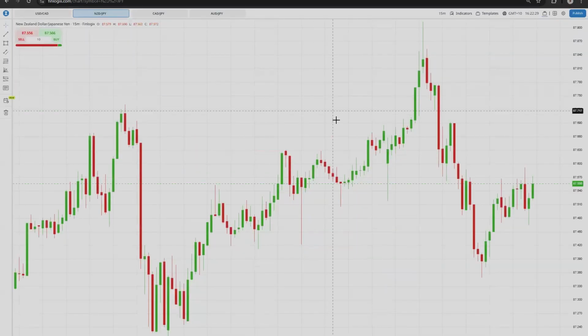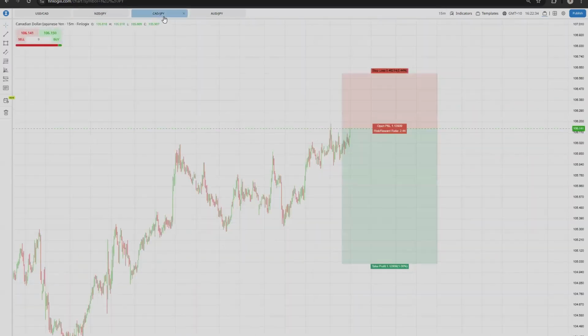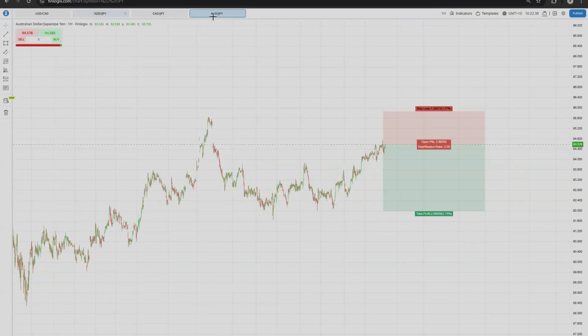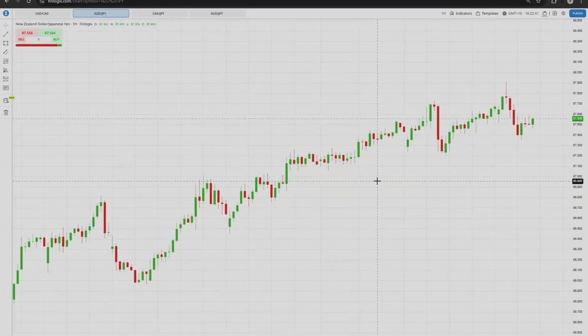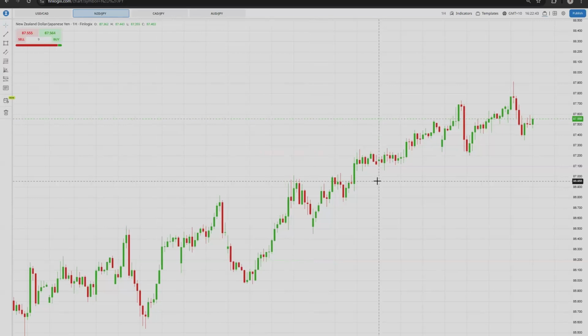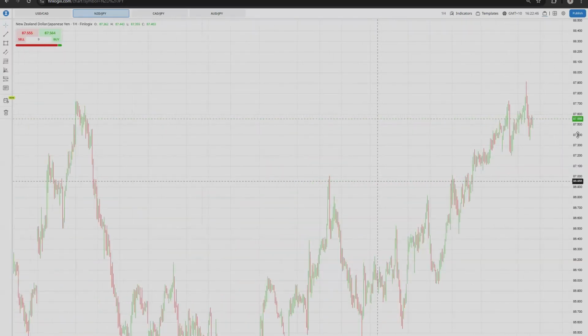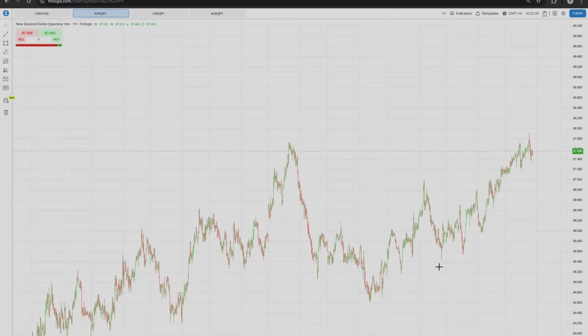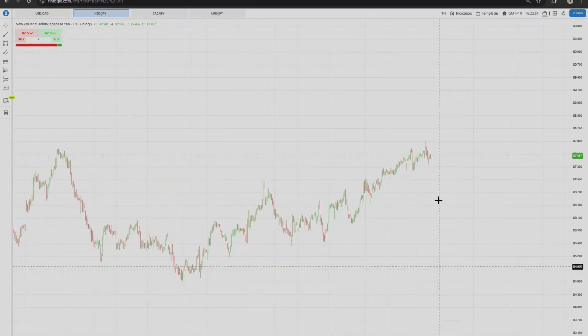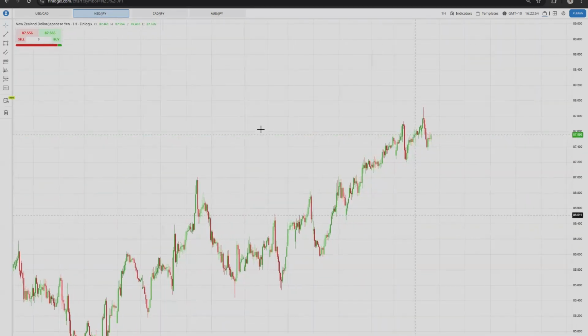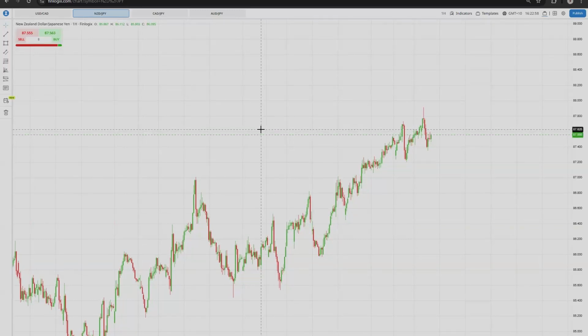But for now, we can have a look at it, and let me zoom out because that looks quite good for me. So I would just leave this one aside and wait another 8 minutes, and then we can come back and have a look at what we should do with NZD Japanese yen.